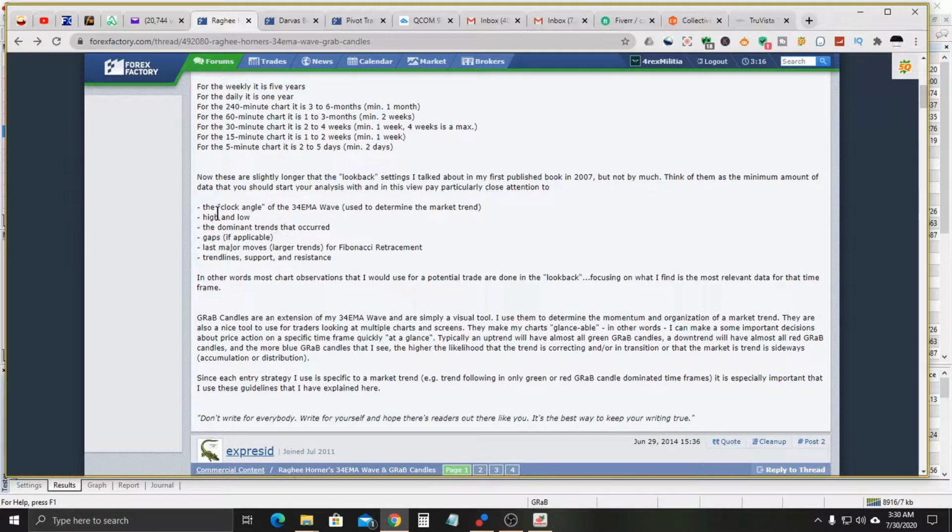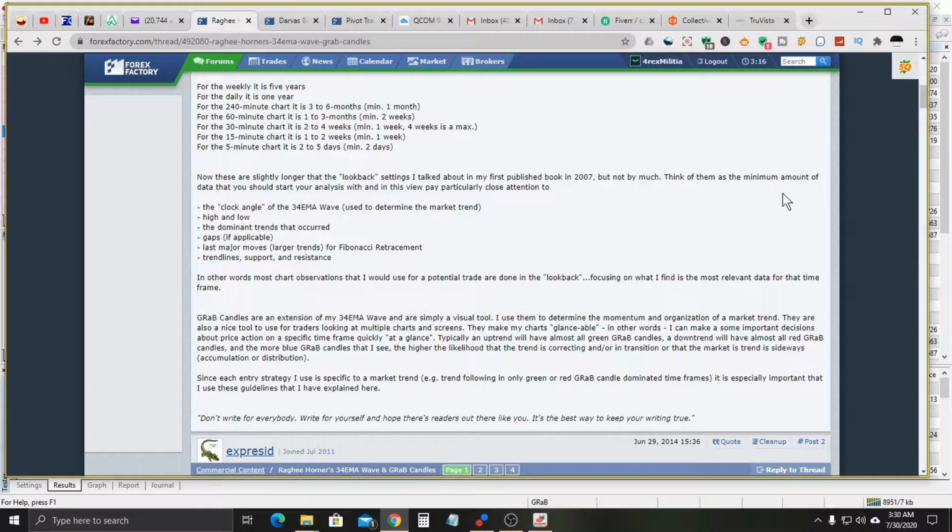And she has some requisites, some requirements that you have to look at before you actually take a trade. Now these are slightly longer than the look back settings. I talked about it in my first published book in 2007, but not by much.